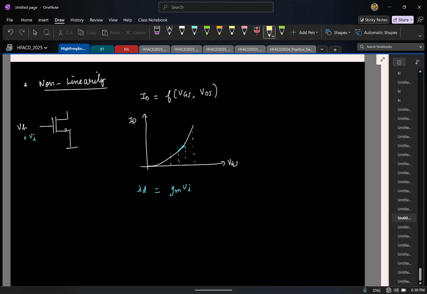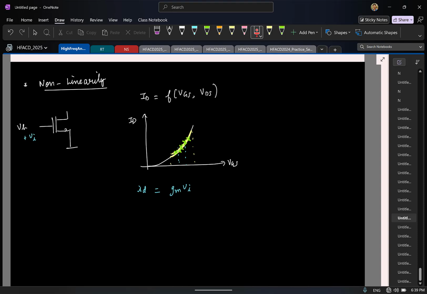So the moment the signal amplitude spans such a wide range, then obviously this is no longer a linear characteristic. Or in other words, if you calculate the gm at this operating point, that is going to be different from the gm calculated here, here and so on. In other words, the gm is not a constant now. It itself is a function of the applied input voltage.